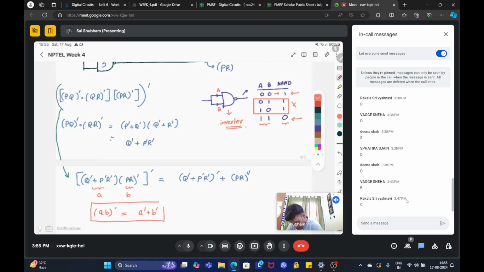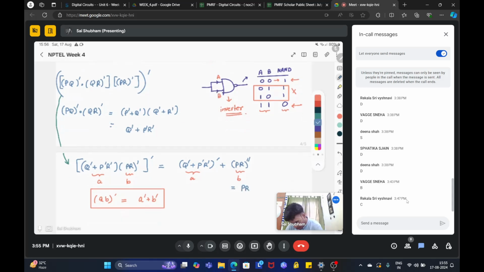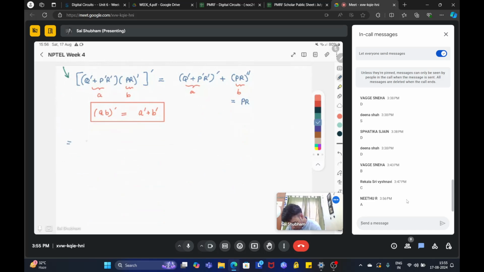This is from De Morgan's law. Okay. So we have done the same thing over here. And if we take invert of an invert, this will basically be PR. Now we have Q bar plus P bar R bar whole bar plus PR. Now simplifying this expression, if I have A plus B bar, it will be A bar B bar. This is also from De Morgan's law.